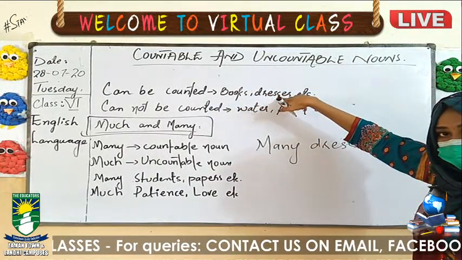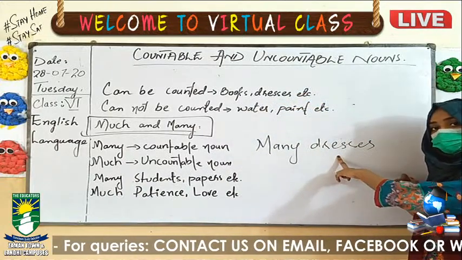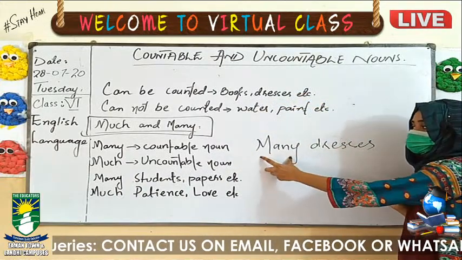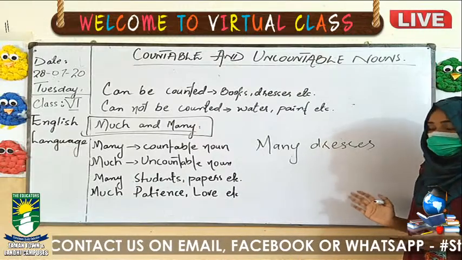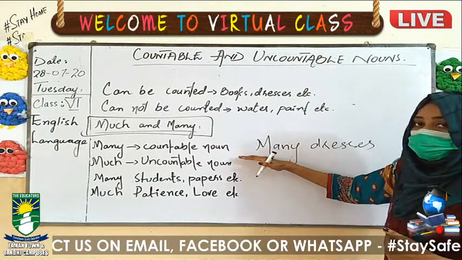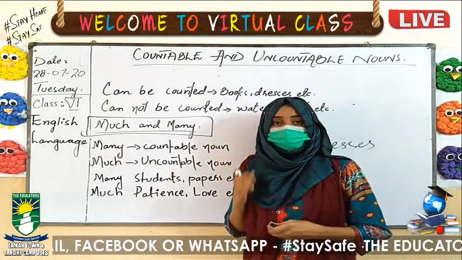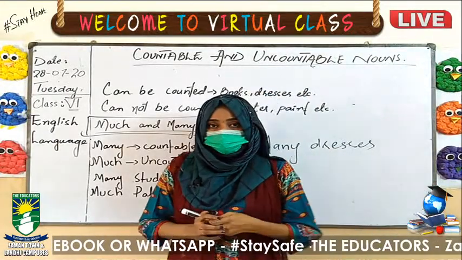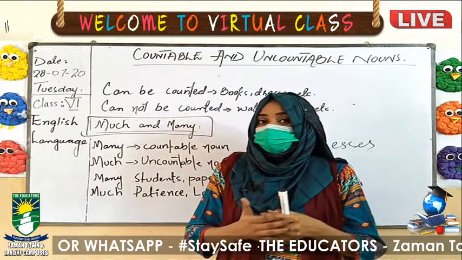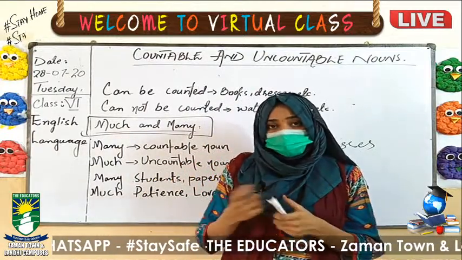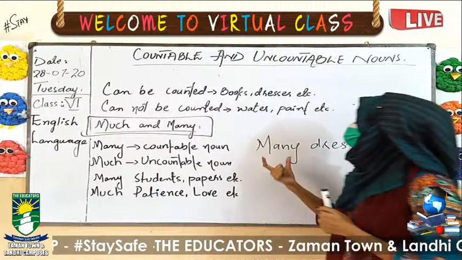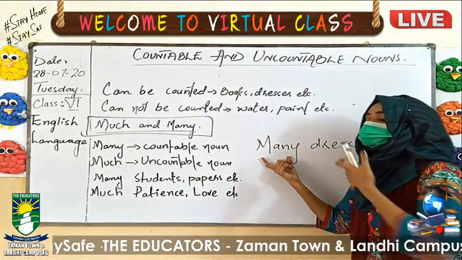This is a countable noun because we can count them easily. Here I can use many because I have lots of dresses. So I can say like this: I have many dresses. I have many glasses. I have many pencils. So here I am using countable nouns. With countable nouns, I have used the word many to show their quantity.